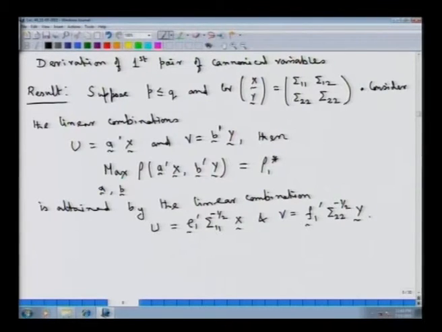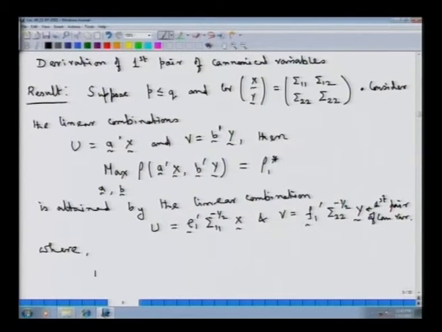We are going to define what this E1 prime and F1 prime are. So, this U and this V will constitute the first pair of canonical variables.